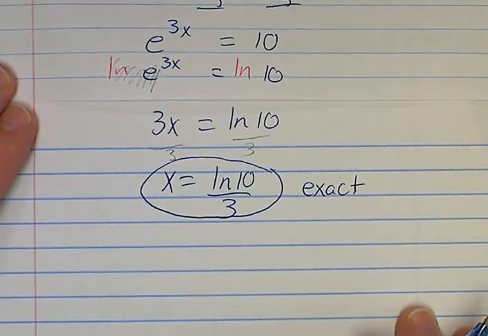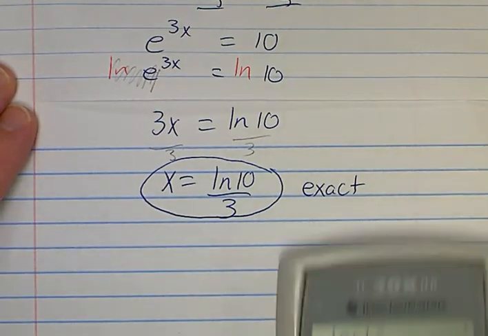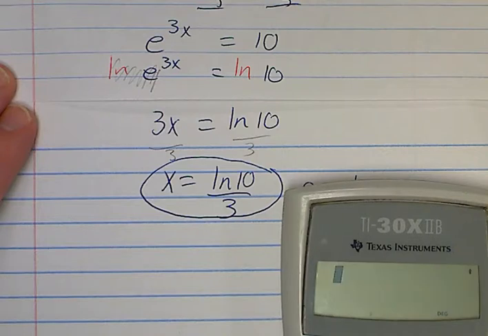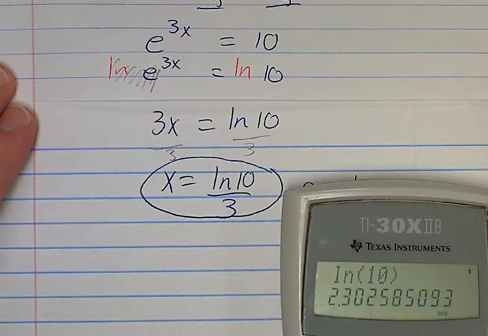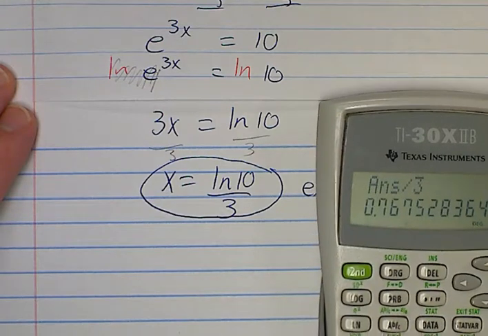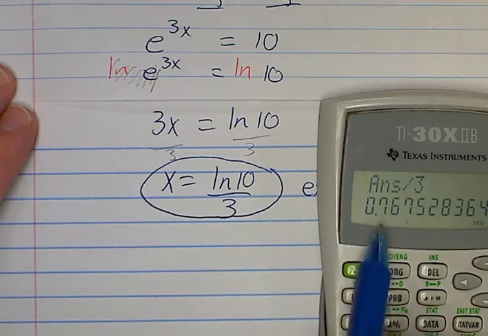Alright, again, here's another good calculator practice, because you have to be a little bit careful with that one when you plug it in. When you do the ln of 10, I would go ahead and just get that number, always close it off, hit equals, and then take that answer and divide it by 3. So that'd be 0.7675, so 0.768.